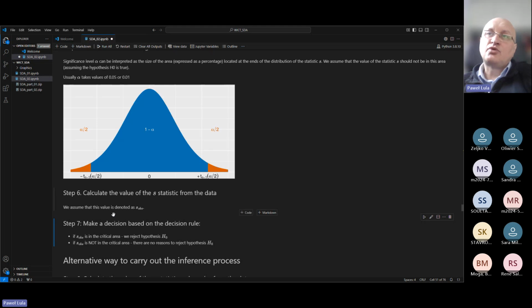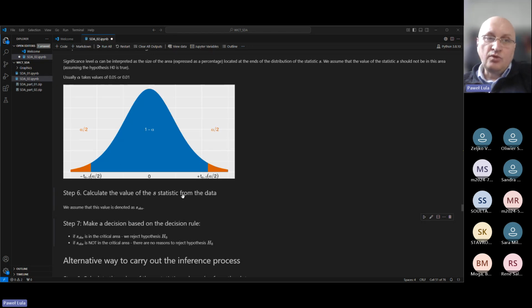And after it, we should calculate this S value using our data set and check if this S value is in this orange area or in this blue area. If it is in this orange area, we should reject zero hypothesis.